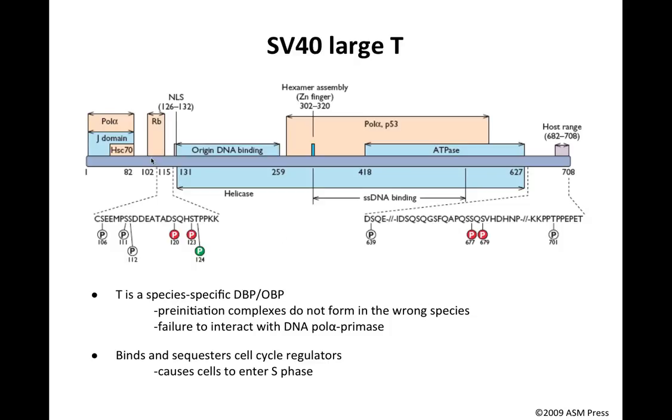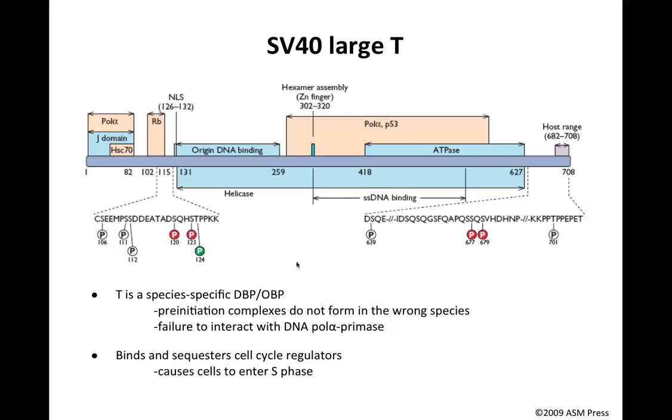And SV40 T binds both of them. And the consequence of that you'll see in a moment. And in addition, SV40 T is modified by phosphorylation at many amino acids, as shown here. The red phosphorylation sites inhibit its activity at the origin, and the green ones stimulate its activity. So it's a highly regulated protein.